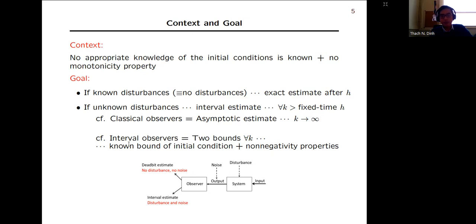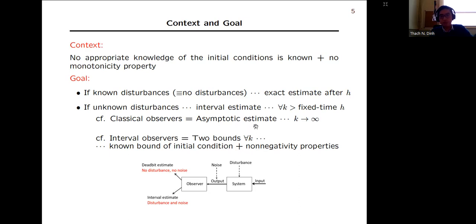For interval observers, if I recall, we design two bounds for x at time k, but we need two very important assumptions: the known bound of the initial condition and some monotonicity or non-negativity properties. And in this talk, we do not consider those assumptions. So this is the second advantage.